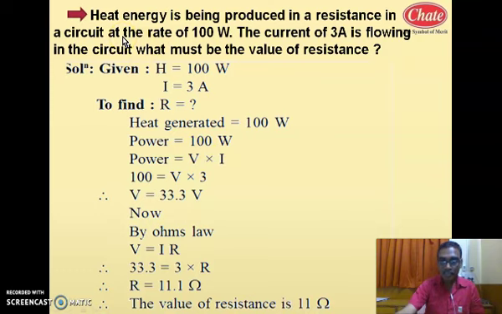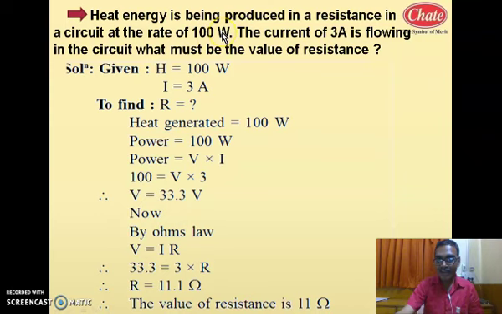This is the first problem, on the equations of heat energy produced in an electric circuit, that is Joule's law of heating and the power equation. See what is given in this problem. Heat energy is being produced in a resistance in a circuit at the rate of 100 watt.